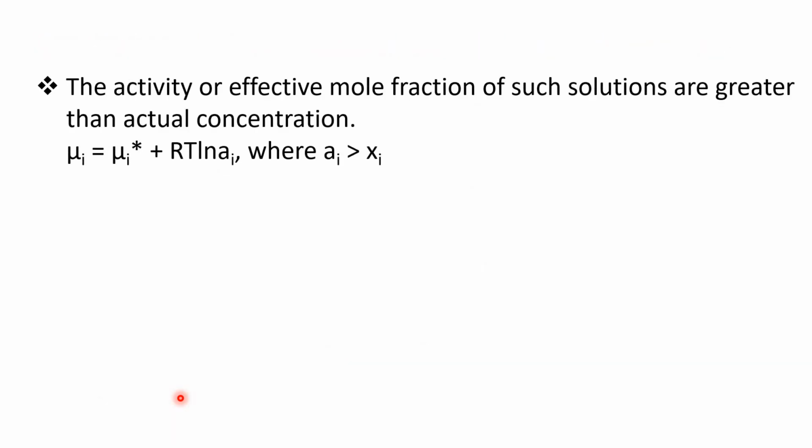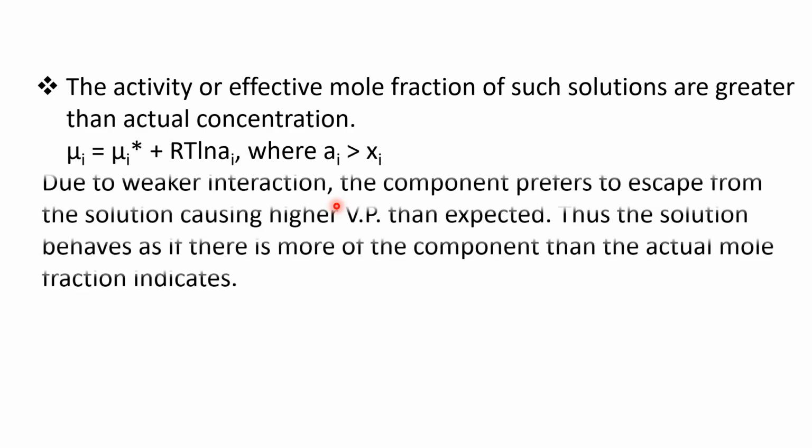Now, the activity or effective mole fraction of such a solution is greater than the actual mole fraction or actual concentration. As I already told you, for a non-ideal solution, the chemical potential is given by this equation. For an ideal solution, here it is x i, but for a non-ideal solution, here it is activity a i. But in such a solution, activity is greater than the actual mole fraction.